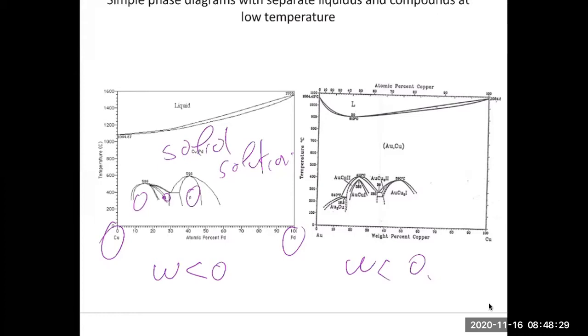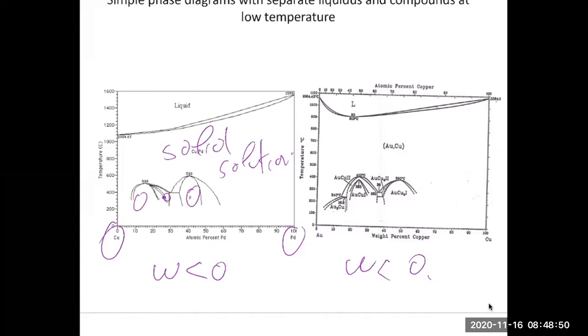Sometimes you will read that there are 3 types of phase behavior: there's unmixing, there's compound formation, and there's solid solution. But let me argue that that's not correct. We've seen 2 cases so far, right?